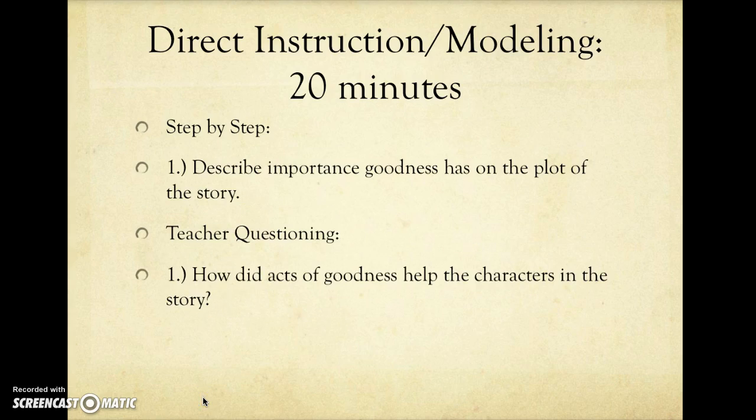To continue the direct instruction and modeling, being in a language arts class, it is very much dependent on me to lead discussion, but to get students interacting not only with me at the front of the room or as I walk around the room, but also with each other. I will also shift the focus more towards the story and have the students describe the importance goodness has on the plot of the story.